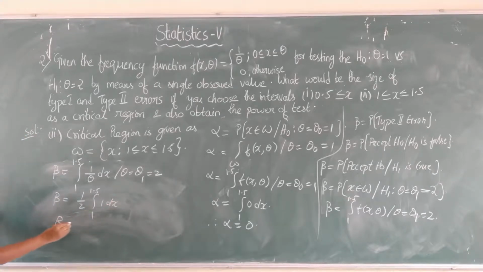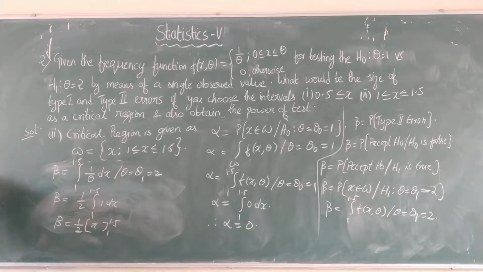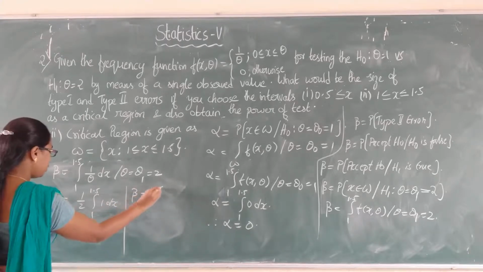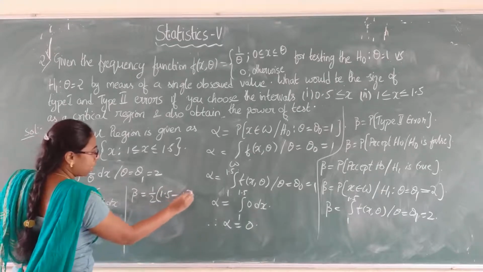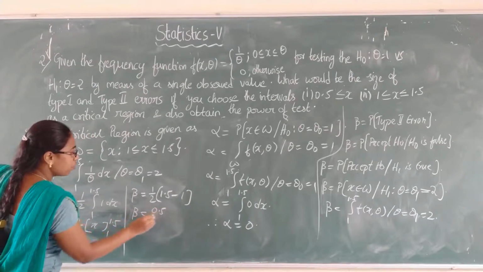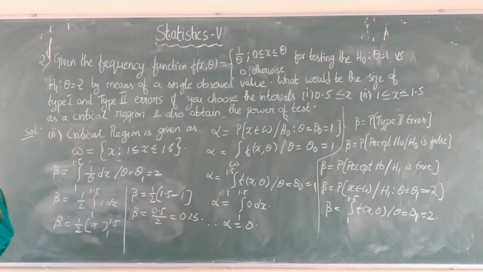So beta equals to 1 by 2 integral of 1 is x within the limits 1 to 1.5. So now apply the limits. Upper limit minus lower limit. So beta equals to 1 by 2 into upper limit 1.5 minus lower limit 1. 1.5 minus 1 is 0.5. So beta equals to 0.5 by 2, that is equal to 0.25. So we got the probability of our type 2 error also as 0.25.